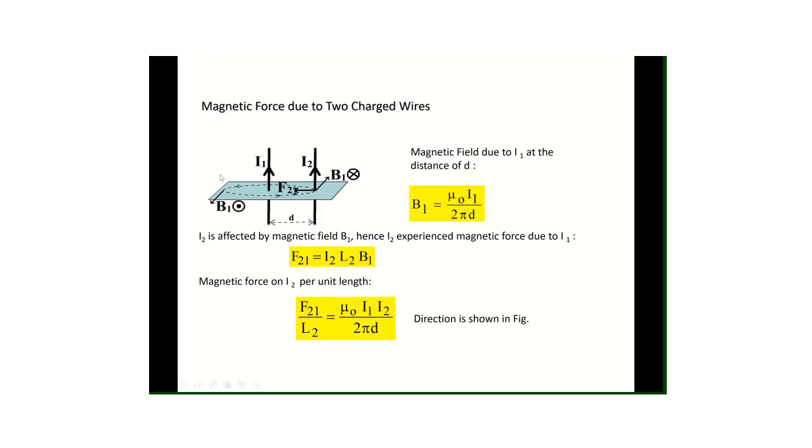Here we can see that each wire could produce the magnetic field, and the magnetic field is equal to μ0I over 2πd. Then we can find, for instance here, how is the magnetic force on I2 due to I1, and vice versa, using the Lorentz force.